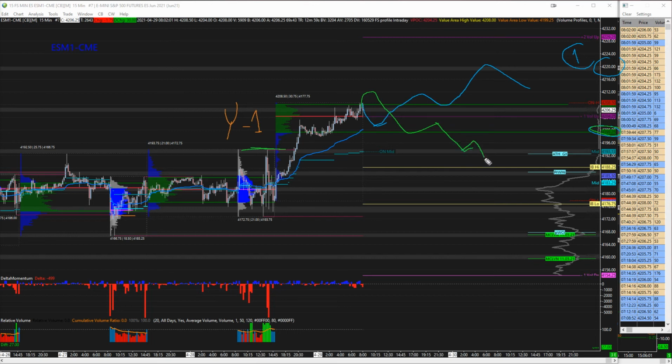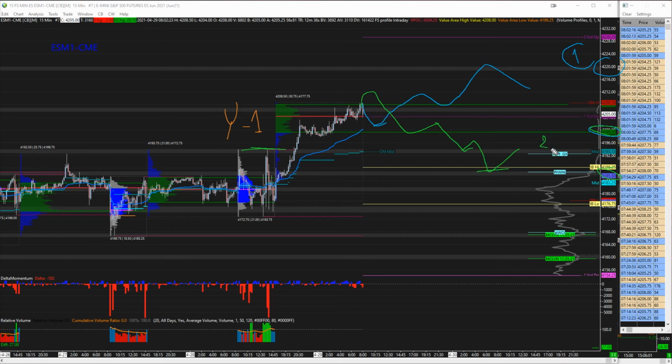And we fall into the range and we test the value area high from yesterday, which is also the prior week high, 85. Prior week high.